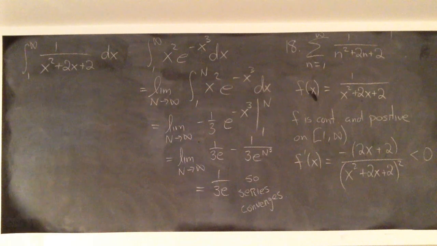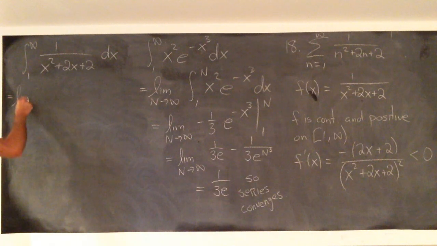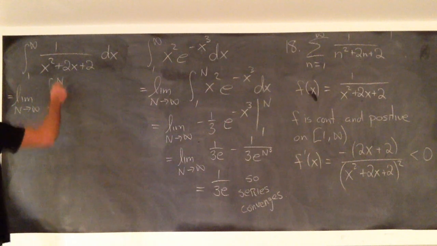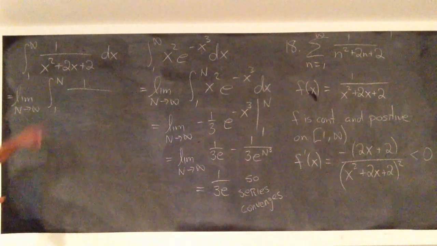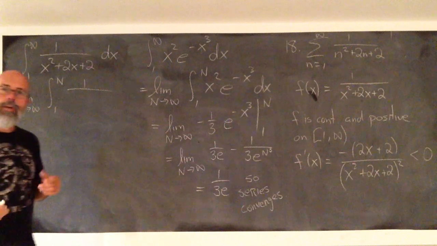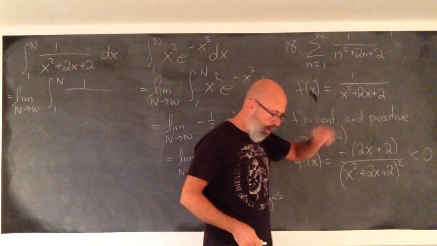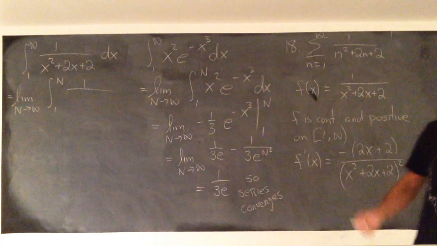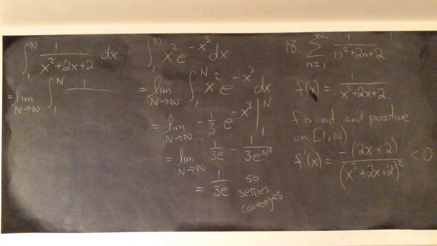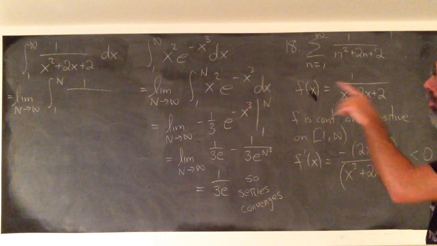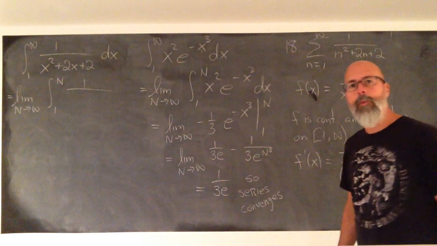How do we integrate? Perhaps you're thinking partial fractions, but we already argued that this was an irreducible polynomial of degree 2, it had no real roots. So it's already in partial fraction form.